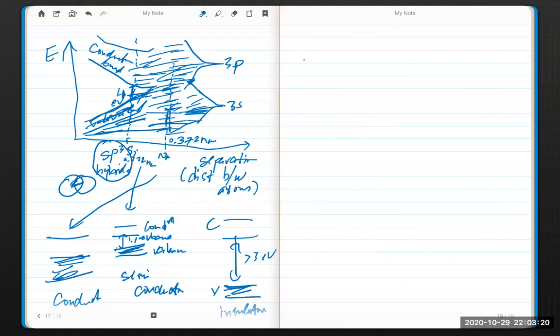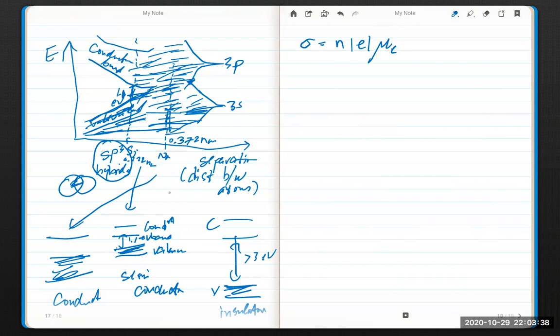So the formula for conduction is, conductivity equals the number of electrons times the charge of the electron times what they call the mobility of the electron, right?